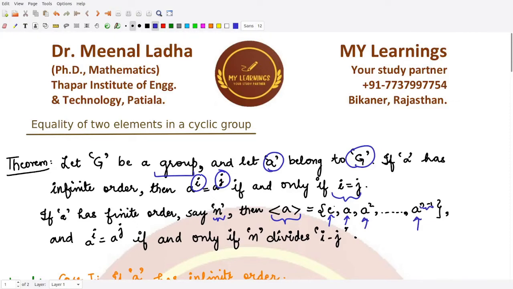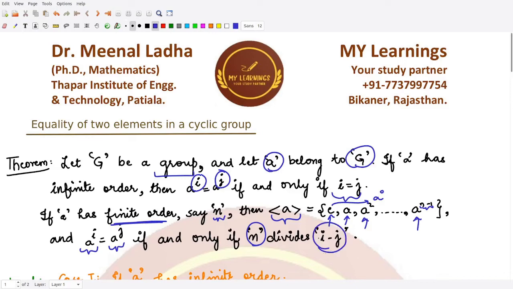So you can write this e as A to the power 0. Moreover, these two elements A to the power i and A to the power j are equal to each other if and only if, in the case where the order is finite, n divides i minus j.